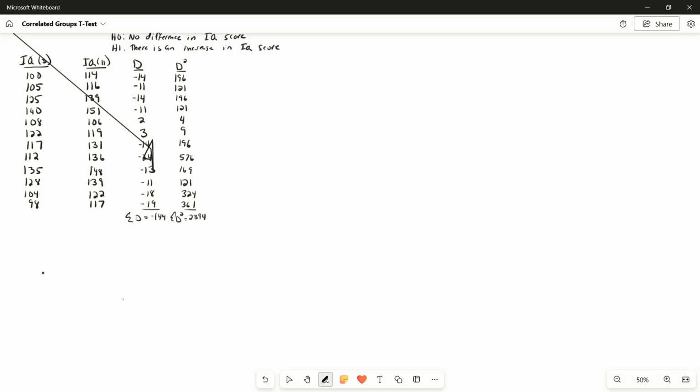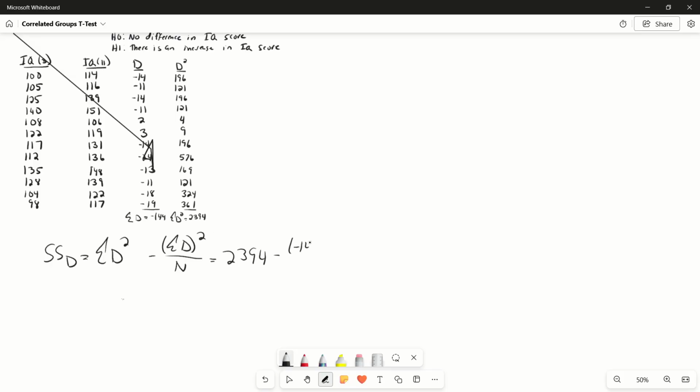So let's look at the formula. We're going to do the sum of squares of d, which is simply the sum of d squared minus the sum of d, quantity squared, over n. So we get the sum of d squared, which is 2394, minus negative 144 squared over n.